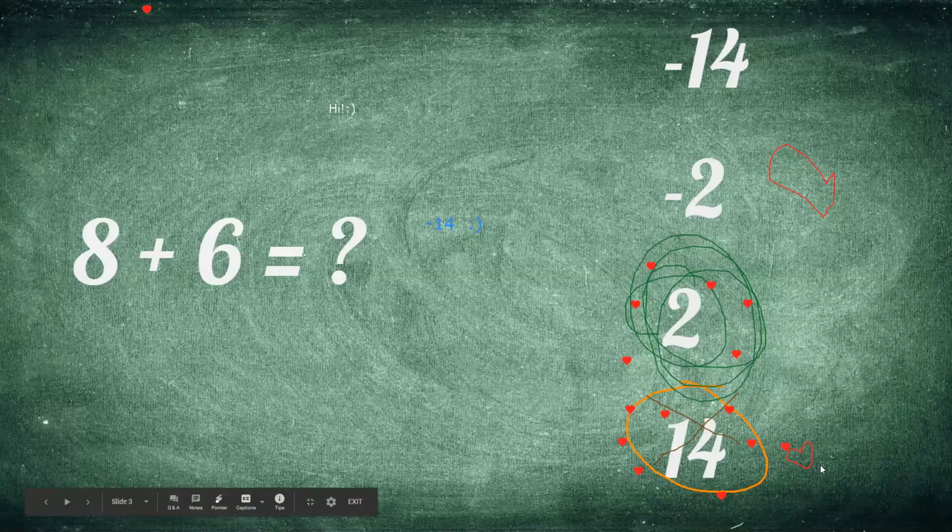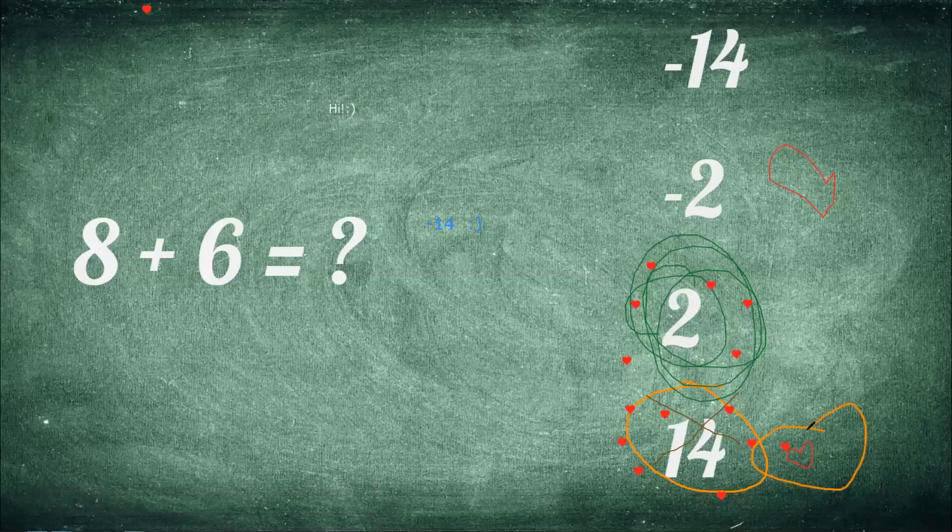Who drew the hearts? Who drew the heart down here? Who drew this heart? ¿Quién dibujó el corazón? Who did that? I have no idea. Te estoy preguntando que quién dibujó el corazón. Yeah, who did this? Who just did that?